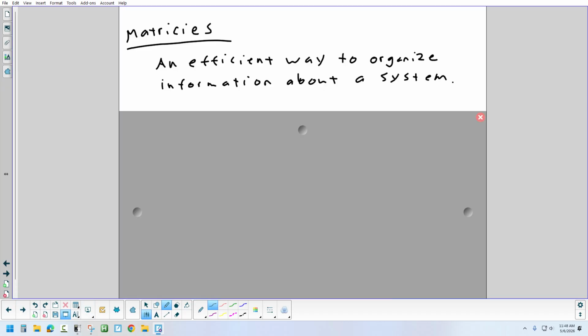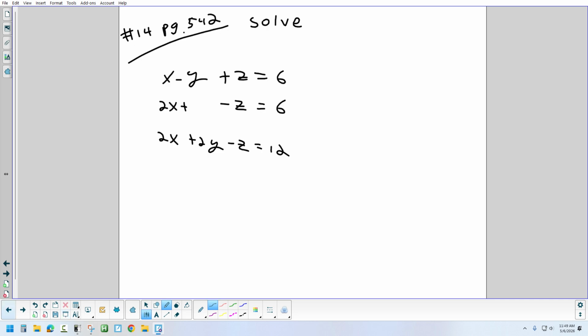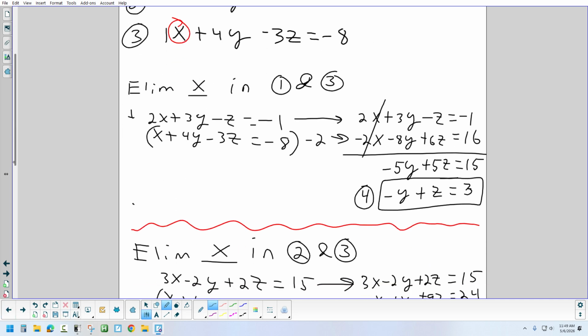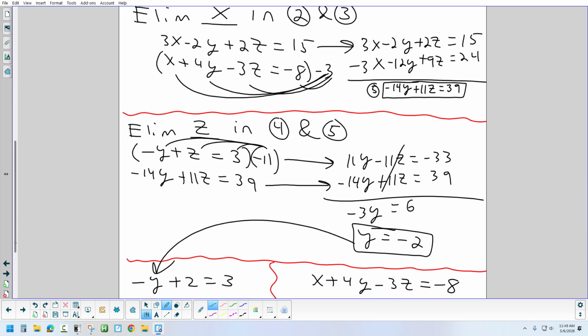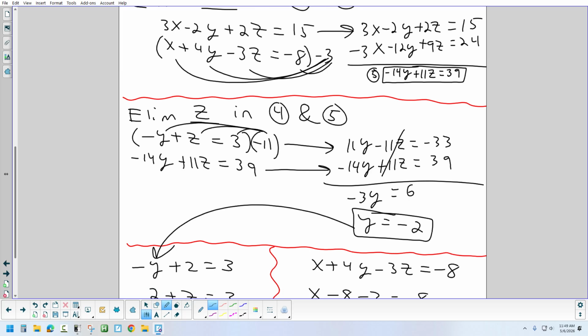So we're not going to get into it, but a more efficient way to do this is with a matrix. The reason it's more efficient is, one, you don't have to write down any letters the entire time you're solving the problem. If you look at all the work I have on the board, there's a lot of letters written in that work. I can eliminate writing all the letters and all the equal signs. So that saves some time. Also, it eliminates choices.